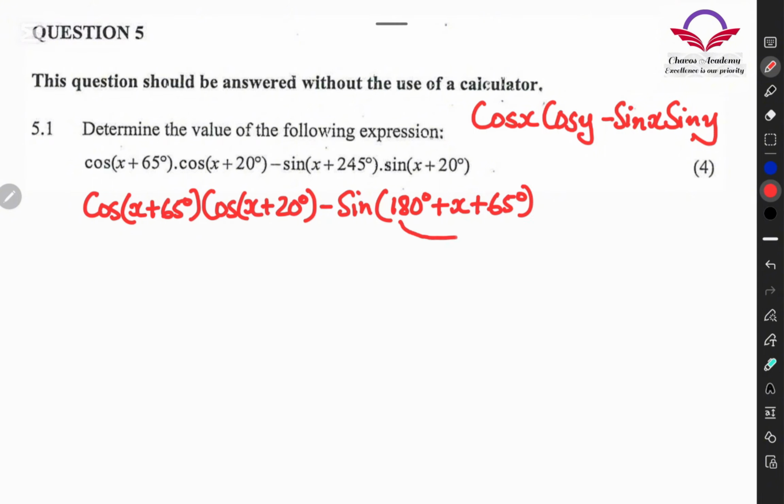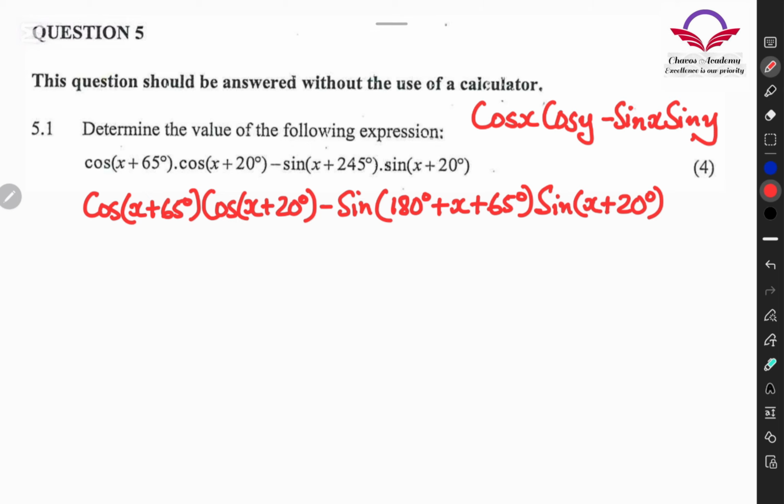Let's remember 180 plus 65 will be 245. That will be 245. Okay, and lastly there we're going to have our sine x plus 20.